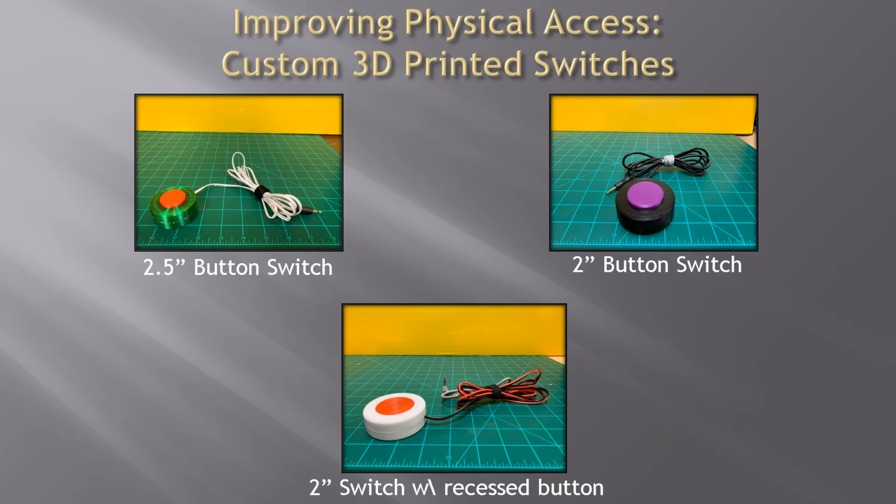The model on the bottom has the orange activation surface slightly sunken in. Again, these variations are to accommodate a wide variety of needs by individuals whose disabilities affect them all in unique ways.